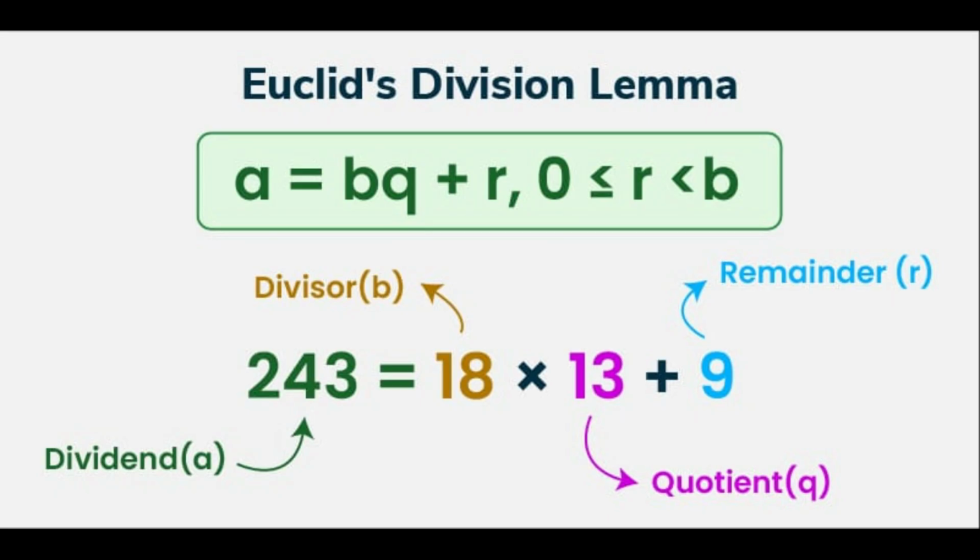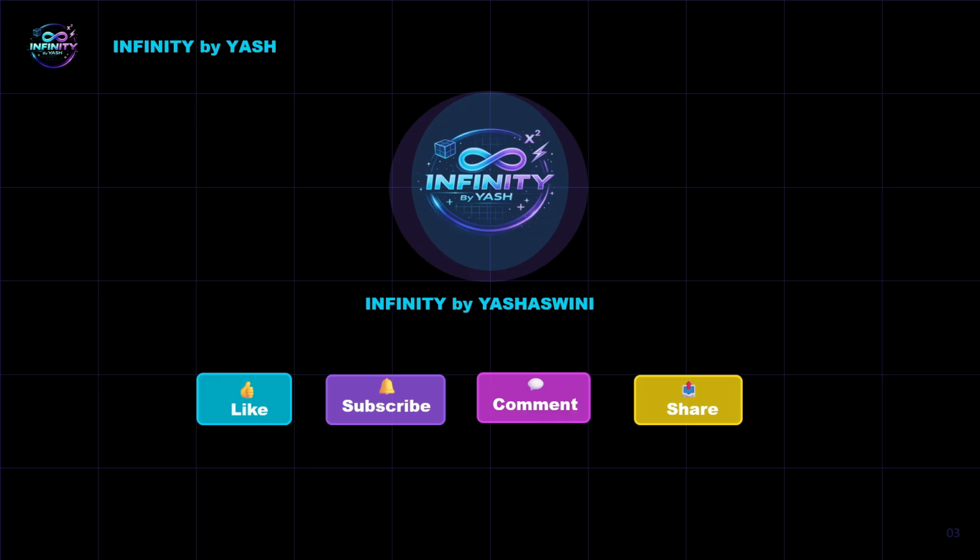More than 2300 years ago, a Greek mathematician named Euclid discovered a brilliant method to solve this problem. In our next video, we will learn the powerful concept of Euclid's division lemma, which forms the foundation for finding HCF efficiently. Until then, try identifying rational and irrational numbers around you.